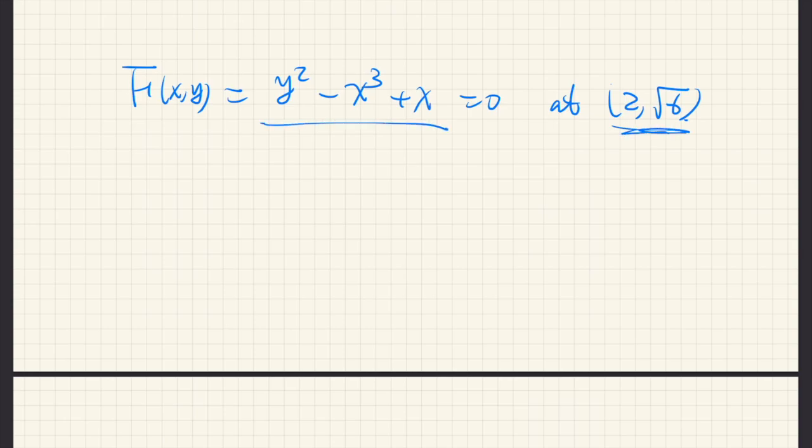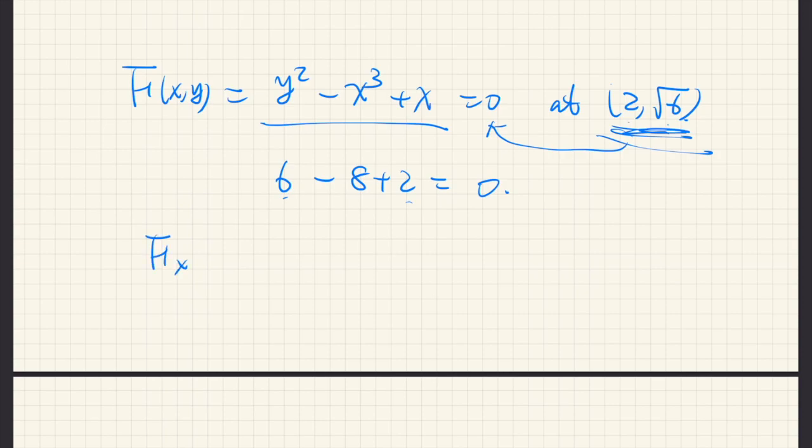Let's check that. x is 2 and y is square root of 6, so y squared is 6, minus 8, plus 2. That should be equal to 0, right? So yeah, that is 0. So this point is on this curve. Okay, let's find the tangent line of this curve at this point.